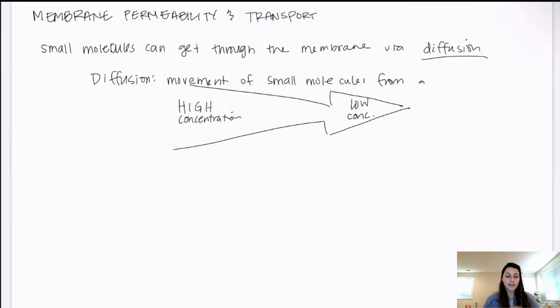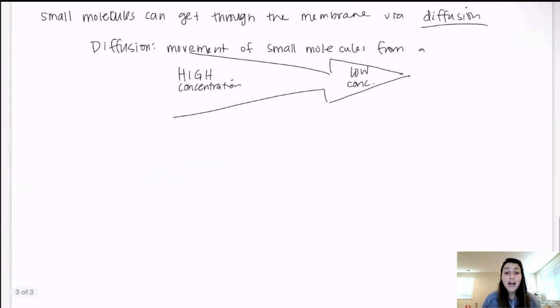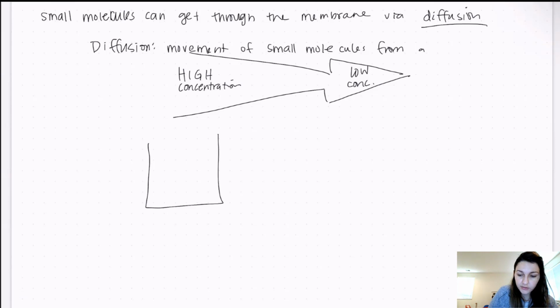A really classic example of this is if you were to add some dye or a little sugar packet to a cup of water. So here's my cup of water, and let's say my powdered drink of choice is red Kool-Aid. It reminds me of being a kid.